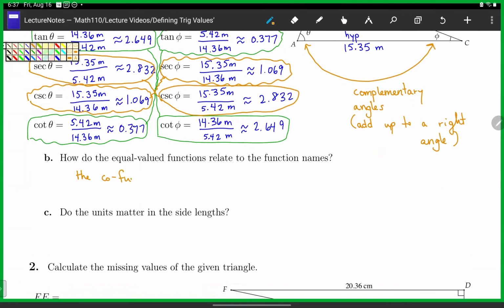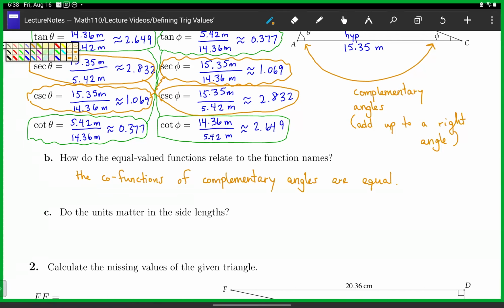The co-functions of complementary angles are equal. By co-functions, I mean sine and cosine are co-functions of each other. Cosine is the co-function of sine, and sine is in fact the co-function of cosine. And similarly, tangent and cotangent, secant and cosecant.